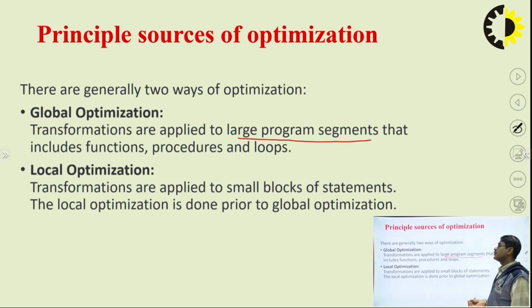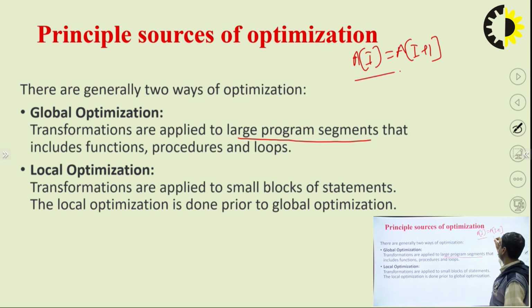If we talk about different kinds of optimization, suppose this statement is written: A[i] = A[i+1]. This statement is not in optimized form because it will take more time.